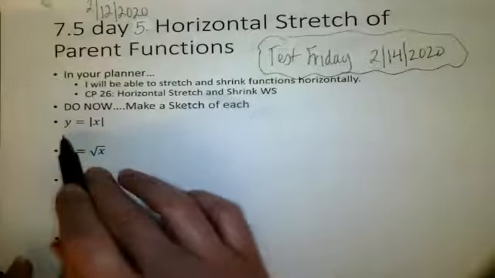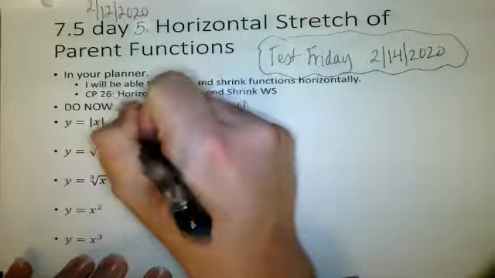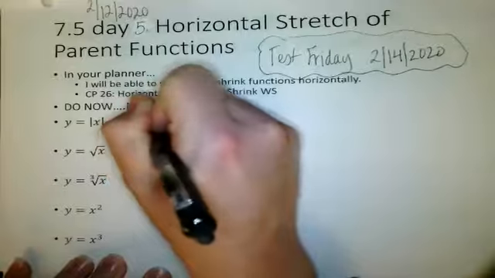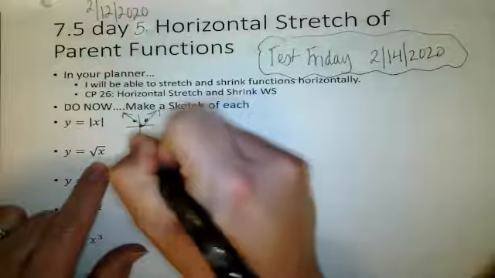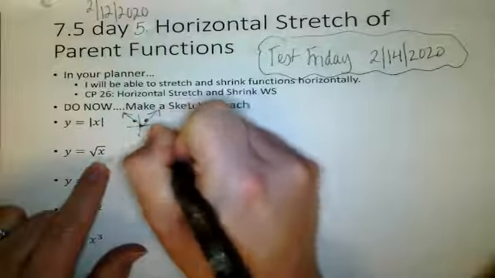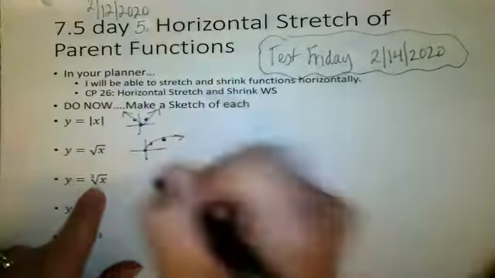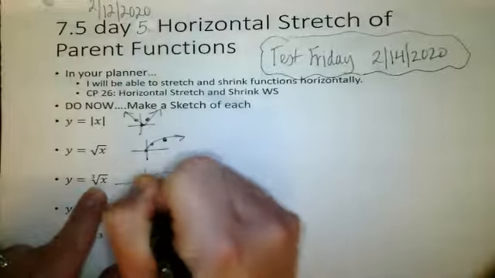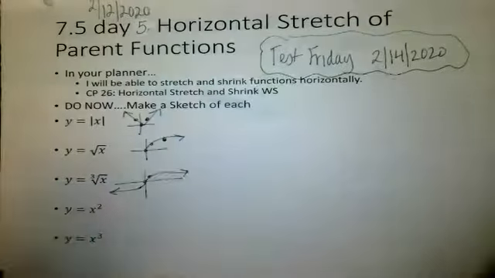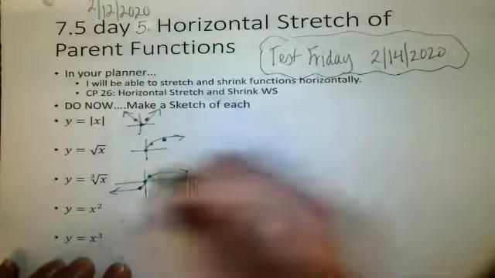Ladies and gentlemen, what does the absolute value of x look like? A V. Very good. Absolute value V. The square root of x? Swoop. Square root, swoop. Cube root. Wave. The breaking wave. You should know these. You got your 3 points on the diagonal there.